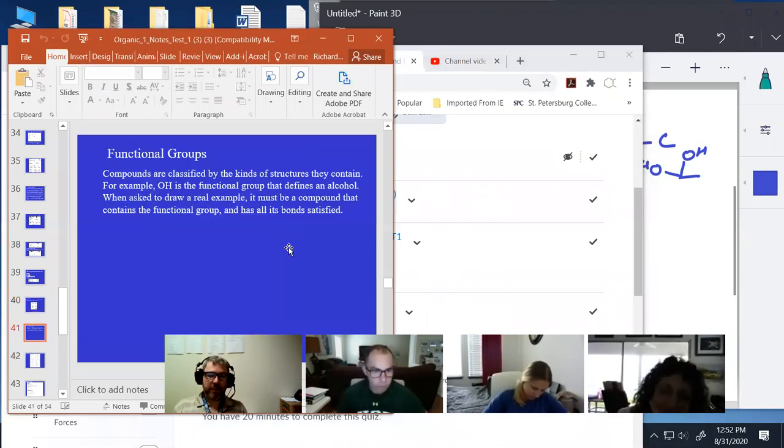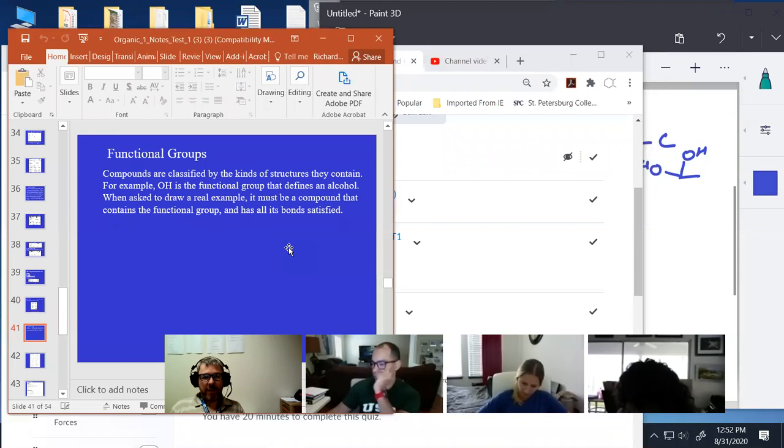Okay, functional groups. Compounds are classified by the kinds of structures they contain. For example, OH we call the functional group for alcohol.